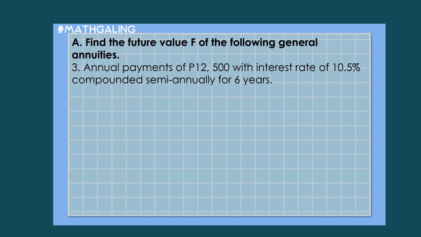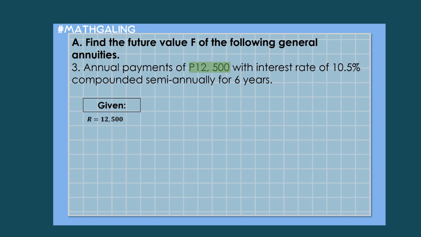Our third problem. 3. Annual payments of 12,500 pesos with an interest rate of 10.5% compounded semi-annually for 6 years. So let's search our given. The R, the regular payment, is 12,500.